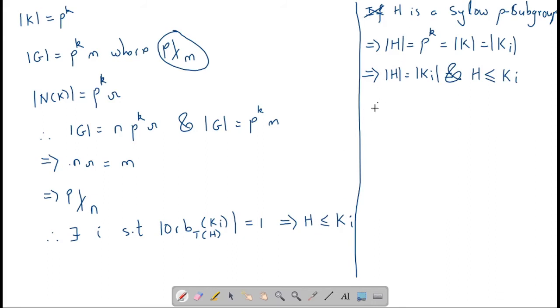And therefore, now the number of elements is the same, but this is a subset of this, which means that H has to be equal to Ki. But Ki is a conjugate of K. Hence, H and K are conjugates. So this proves the second part of the theorem. So this proves our Sylow's second theorem.